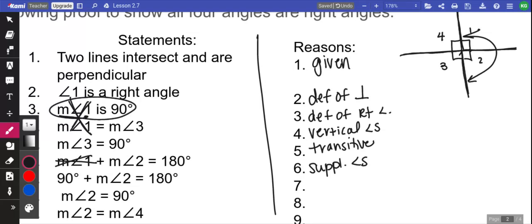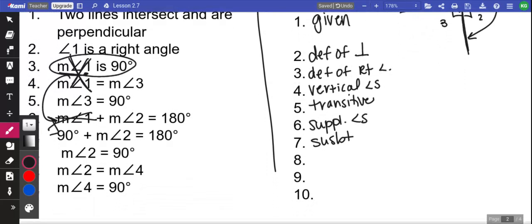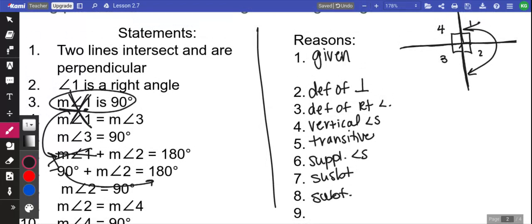Up here we said it was equal to 90, so we put that down here in its spot. So that is substitution. Now they got rid of the 90. They moved it over here by subtraction. So now we have proven that angle 1 is 90, we've proven that angle 3 is 90, and we've proven angle 2 is 90.